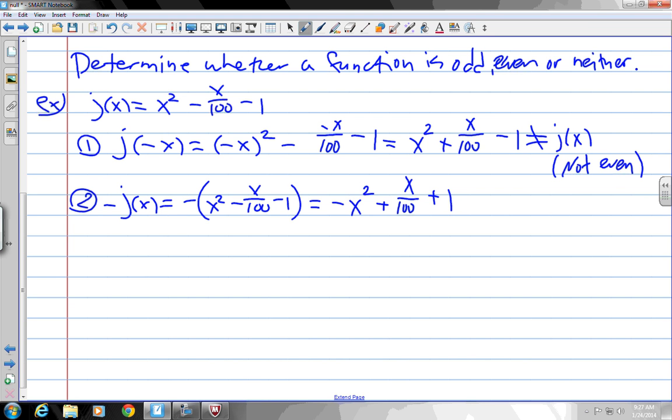No. So it is not equal to j of negative x, so not odd. The function is neither odd nor even. It's just some parabola that sits somewhere but does not have either of those two symmetries. Is that okay?